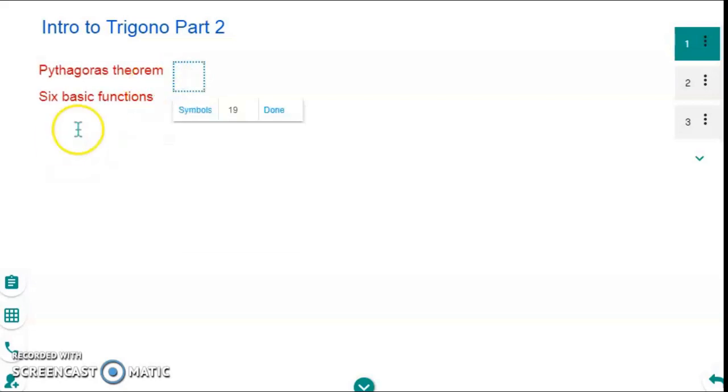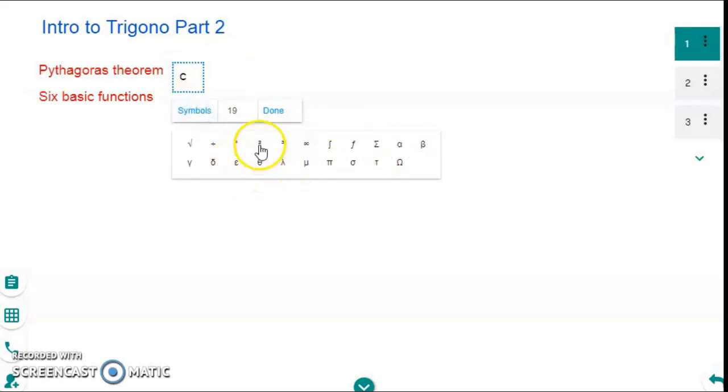Pythagoras theorem was c square is equal to a square plus b square.